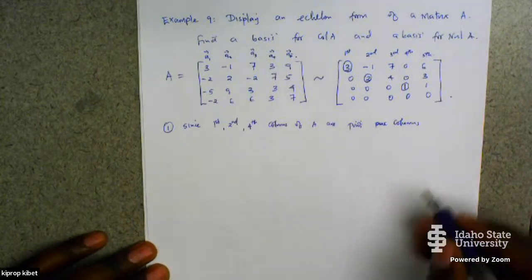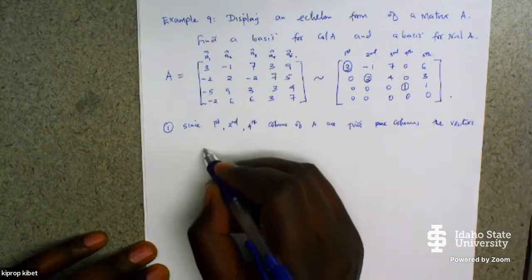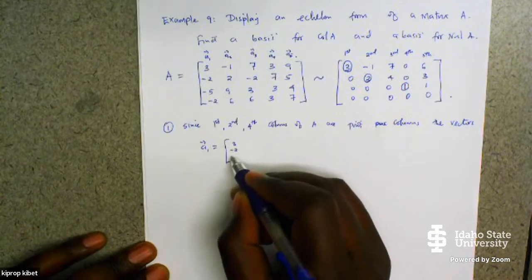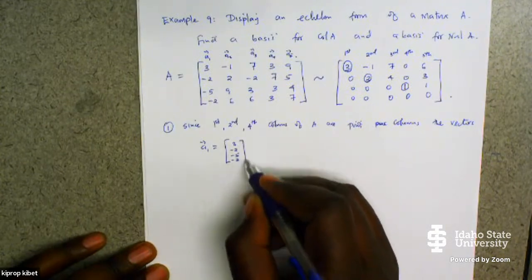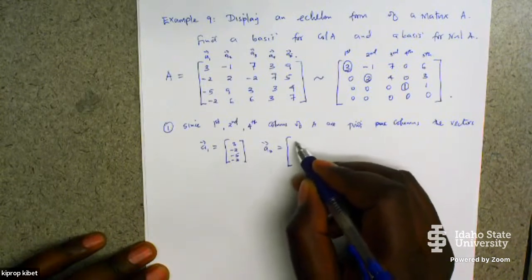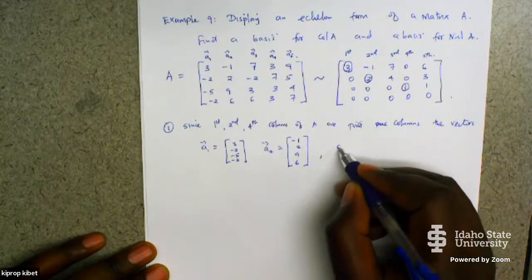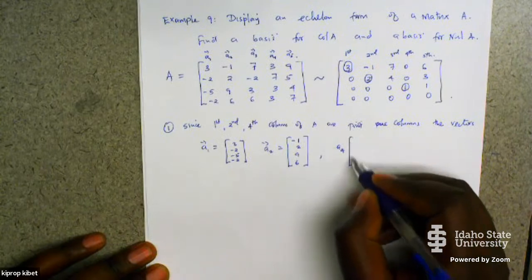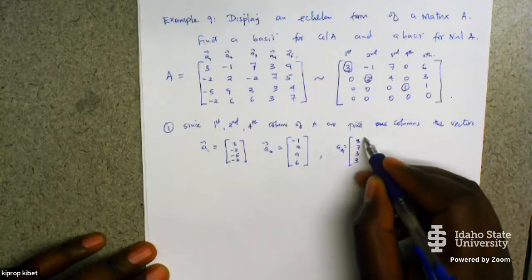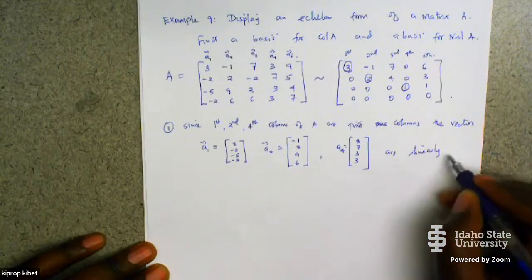Then the vectors A1 equals 3, -2, -5, and -2, our A2 equals -1, 2, 9, and 6, and our A4 equals 3, 7, 3, and 3, are linearly independent.